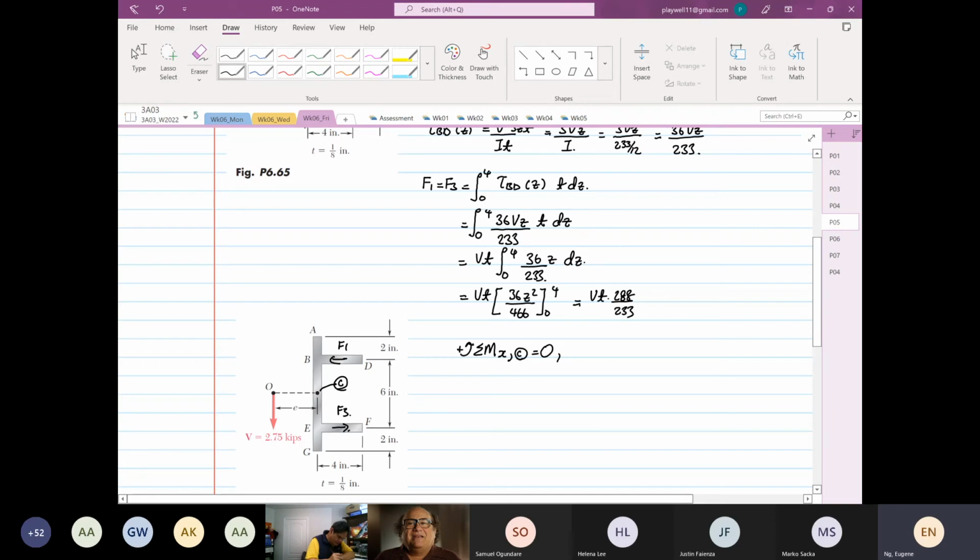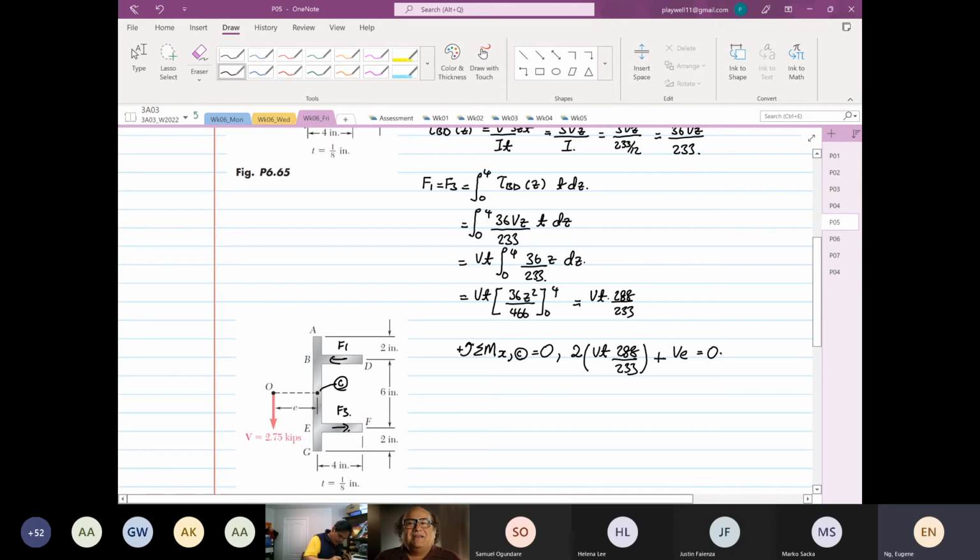The F1 and F3 is going to go anti-clockwise relative to point C. So it's twice of VT multiplied by 288 over 233 plus VE. The whole thing will be equal to 0. Okay.